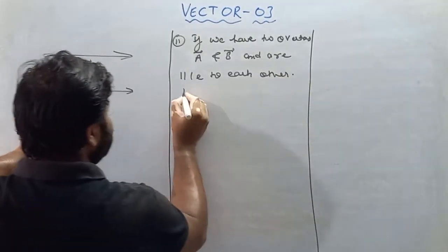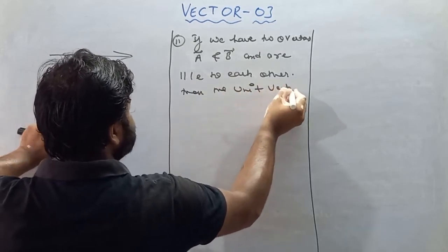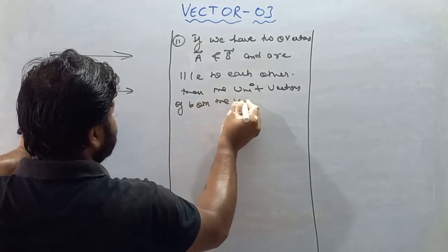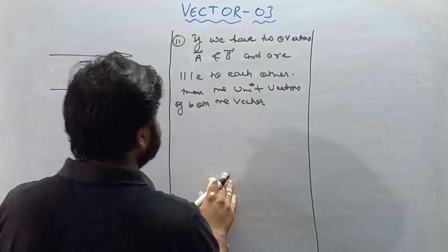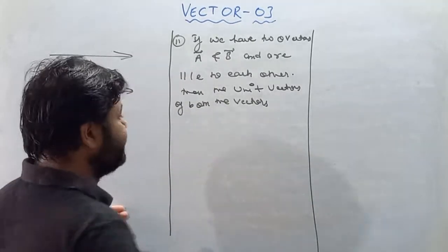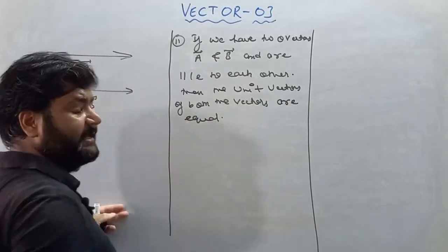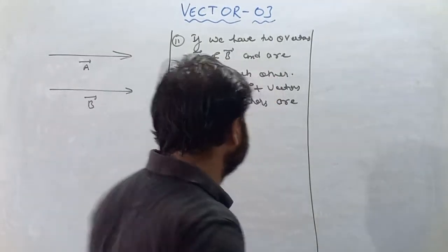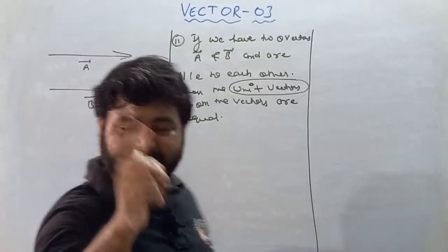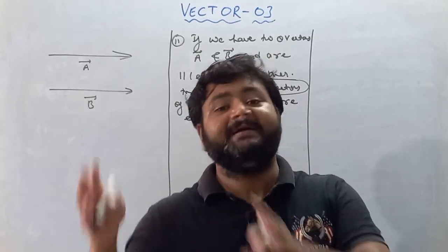Then the unit vectors of both the vectors are equal. And we know that, my dear student, a unit vector means a vector whose magnitude is 1, and these vectors are used for giving direction.